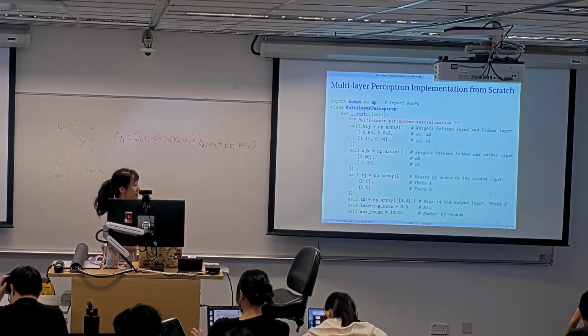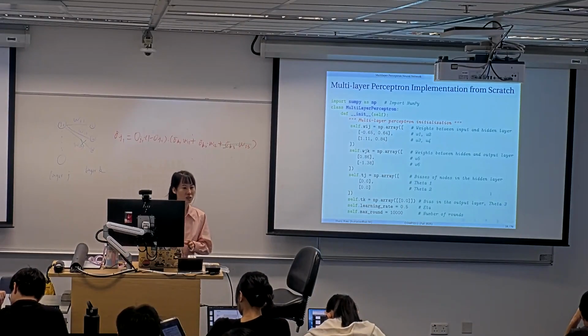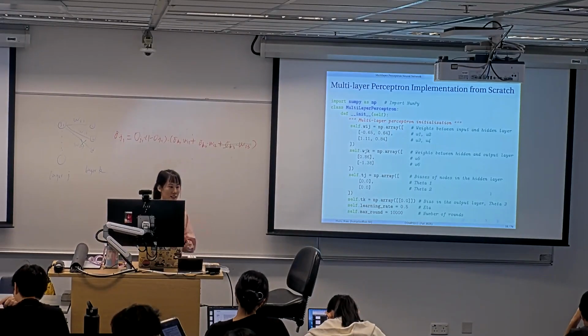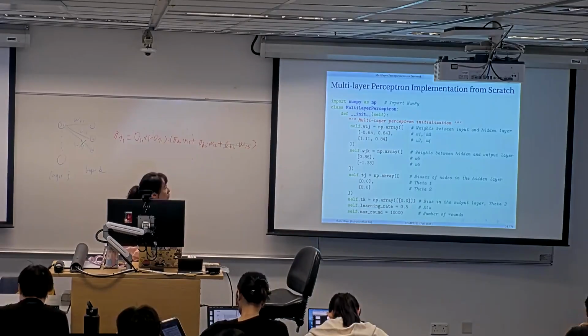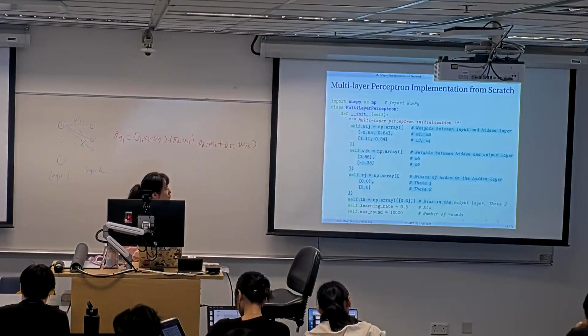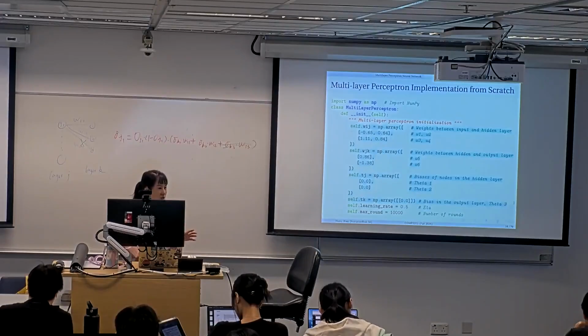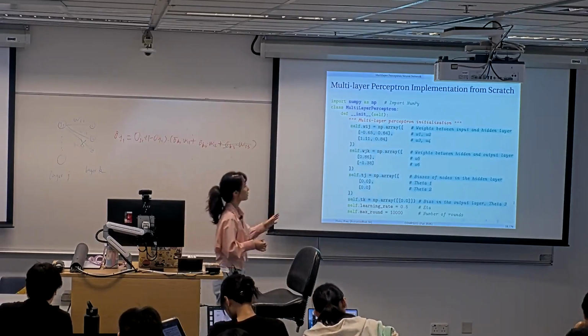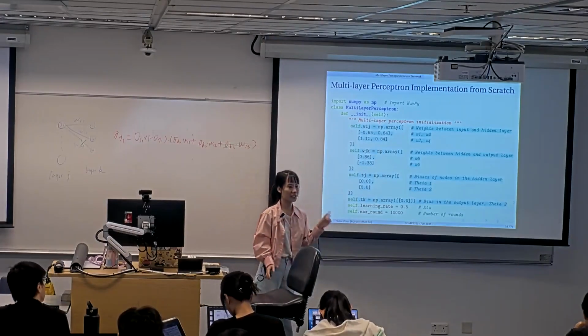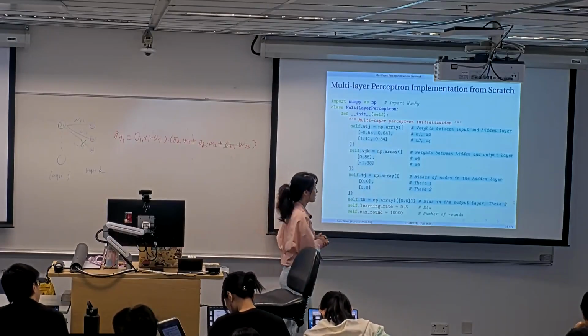And note that later on, to make sure that all the computations are compatible, we initialize all of them to be 2D arrays. So it's very convenient if at this initialization moment we keep their dimensions the same.